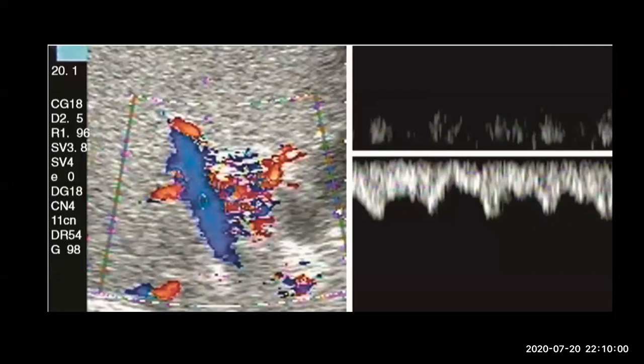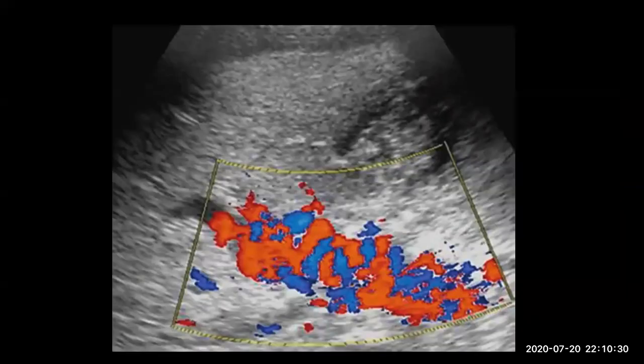This patient has cirrhosis, and we have reversal flow of the portal vein, hepatofugal, below the baseline, as we see here. Any question on this? We move to the next case.